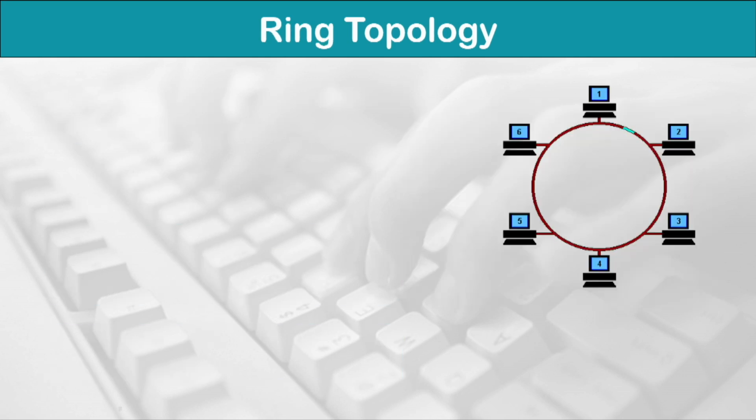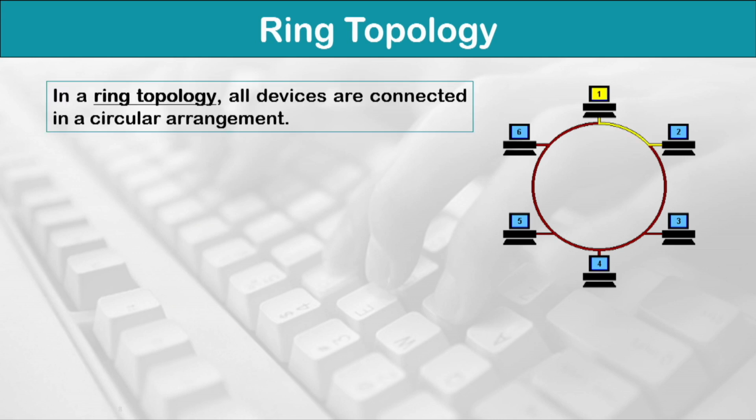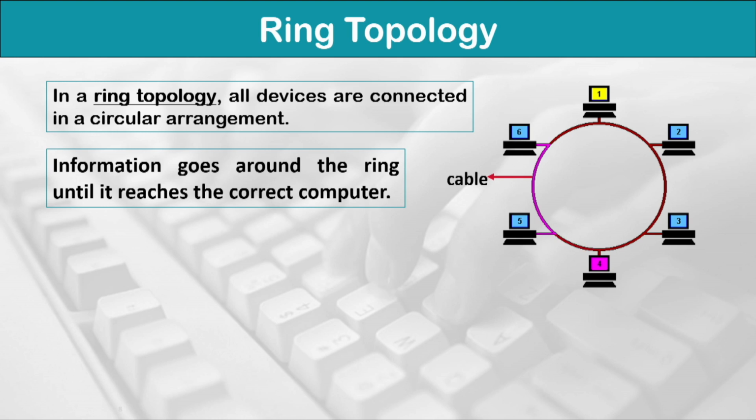The second topology is the ring topology. As you can see on the screen, all the devices in a ring network are connected in a circular arrangement. Information goes around the ring until it reaches the correct computer.